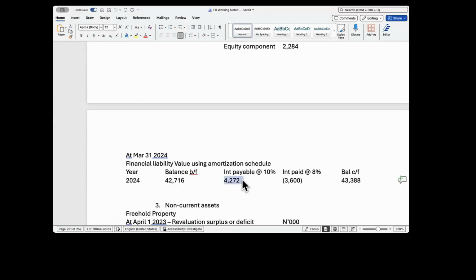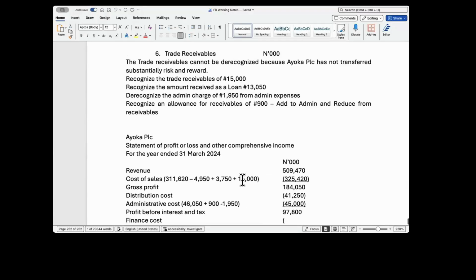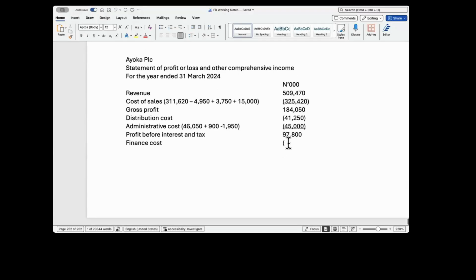So how much is that? We'll have 93,528 as profit before tax.